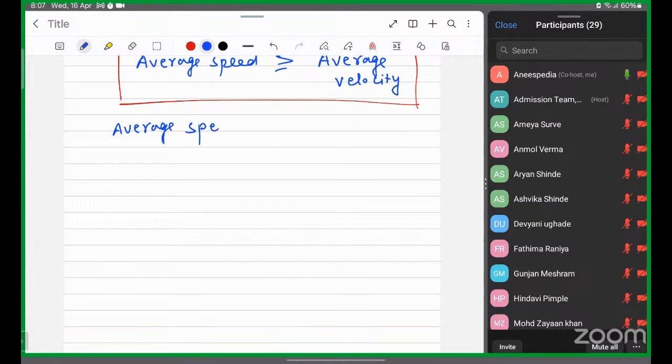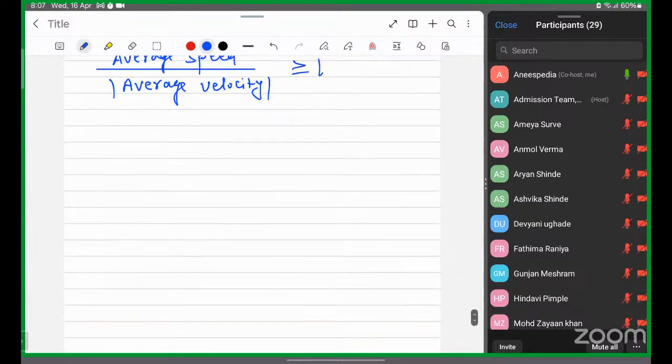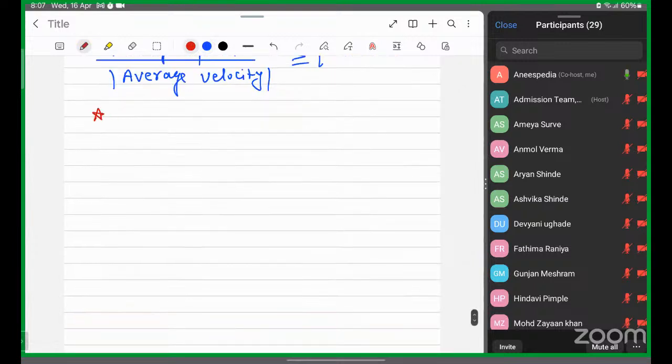Average speed divided by average velocity, magnitude wise, will always be greater than or equal to 1. And in a special case, we can say that average speed will be exactly the same as average velocity.